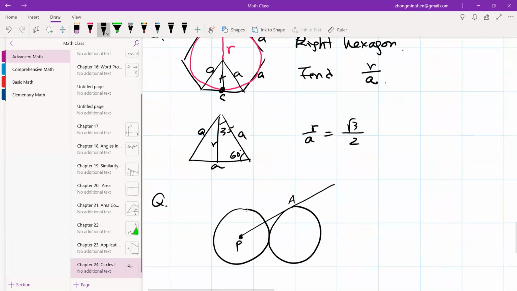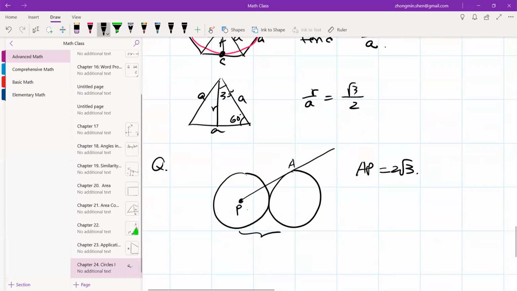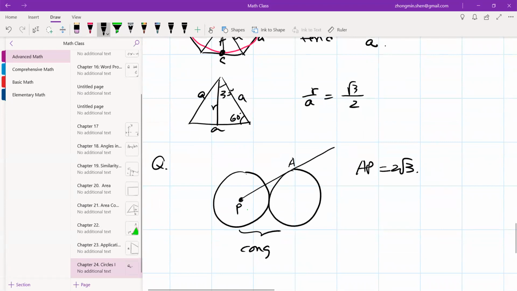So what we are given here is AP is going to be 2 square root 3, okay? So these are two congruent circles. They are identical circles, tangent to each other, touching each other, okay? So based on this information, A is the tangent point, okay?